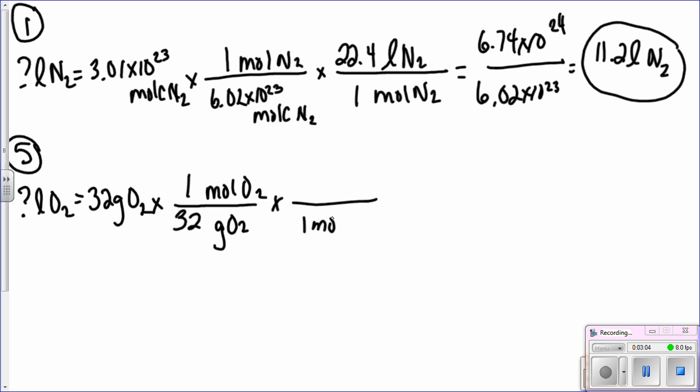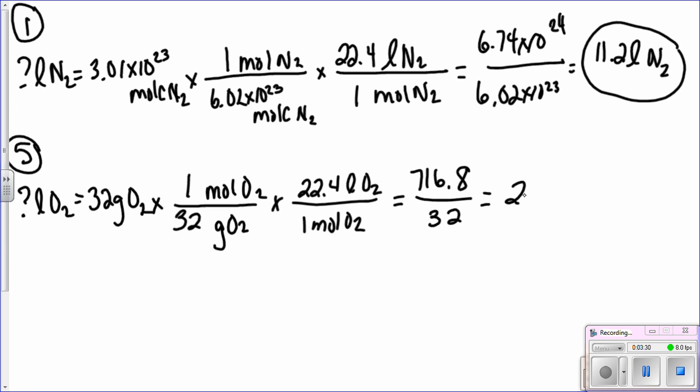Then we go moles of oxygen, then to our volume of oxygen, and that's when we use the 22.4 liters. We take the 32 times 1 times 22.4, that's 716.8. We take the 32 times 1, which is 32, and we divide, and our answer is 22.4 liters of oxygen.